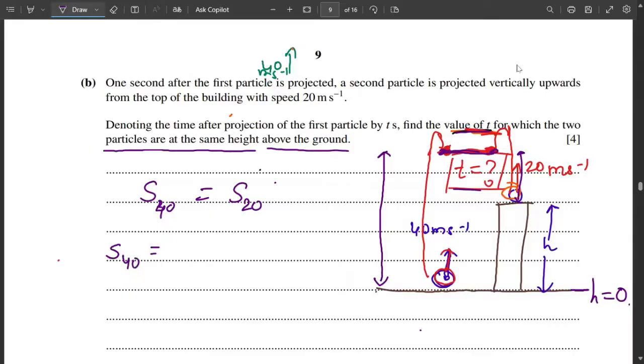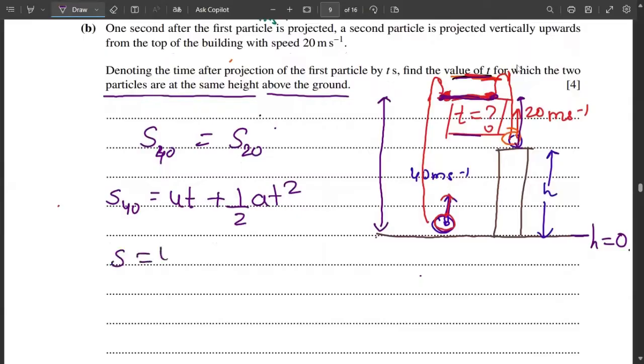The displacement of the 40 meter particle can be written as ut plus half a t square. And what is u? u is 40. t we don't know, t we have to find out. Half acceleration will be minus 10, and t square. This can be written as minus 5.